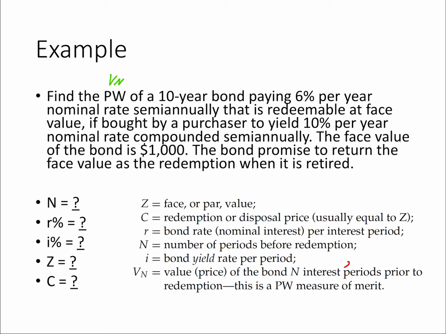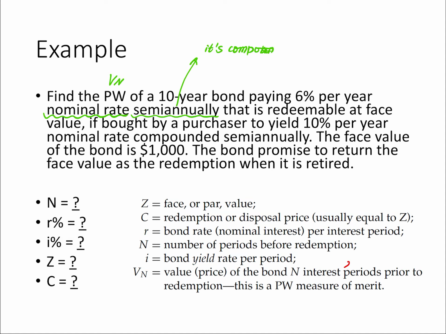The question is to find out the PW or the VN of a 10-year bond. 10-year bond is the lifetime of the bond, but not necessarily you have 10-year periods. It depends on how it's compounded. So let's continue. It's paying 6% per year nominal rate. See, that's a nominal rate, so you don't want to use 6% directly. It's compounded semi-annually.